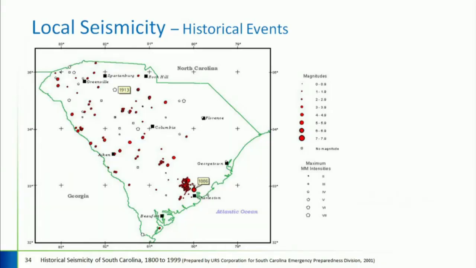So even though we have a recorded history of it, it doesn't tell us much. Here's a list of all the important ones. You'll notice that some of those are intensities because they were before recorded history. Others have magnitudes. Those were typically after recorded history.